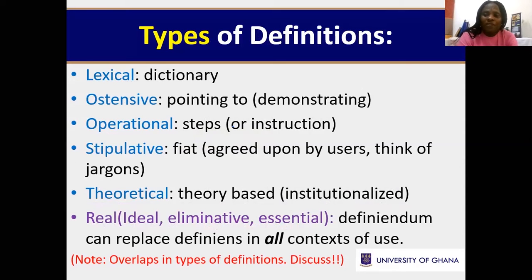Then stipulative definition. When we agree on the meaning of a word, it means it may not be the usual meaning associated with that word if we were to consult with the dictionary. But we agree, so we stipulate. It is by fiat. So we can agree between myself and, say, the class rep, the example I gave in class, that when I say, give me a cup of water, I mean, give me a bottle of Sobolo.